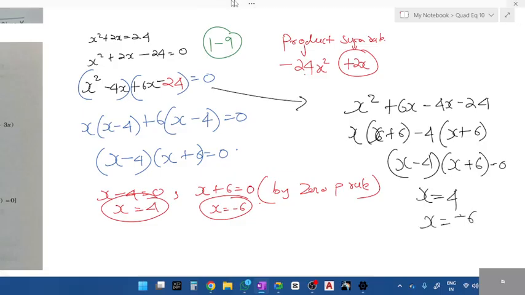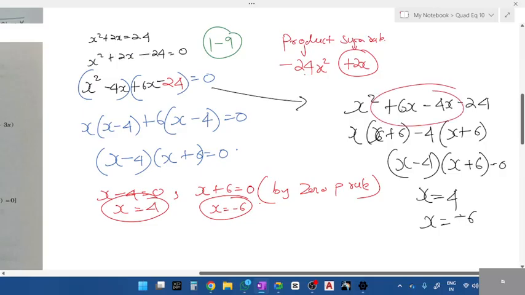Look, the middle term, you can take it however you want. You'll get the same answer. You can write plus 6x minus 4x or minus 4x plus 6x.